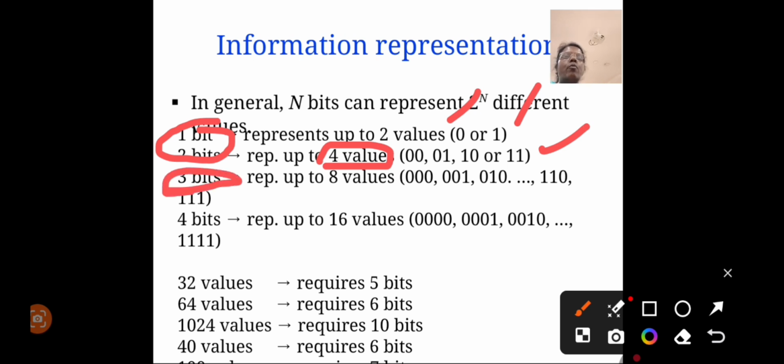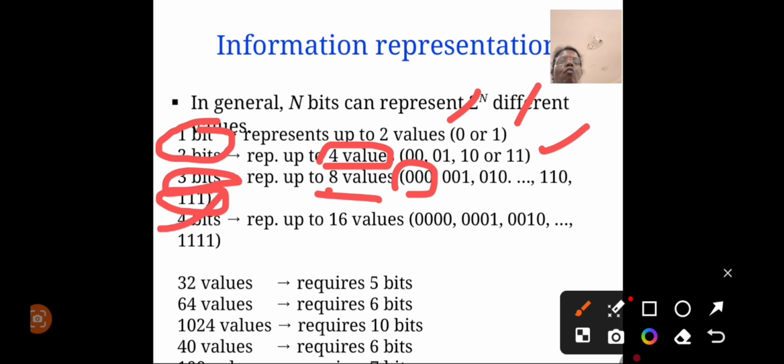If I am going to use 3 bits to represent values in the digital system, 2 power 3, 8 values can be derived. Those 8 values start from all 3 bits being 0 and end with all 3 bits being 1. So totally 8 possible combinations I can represent.